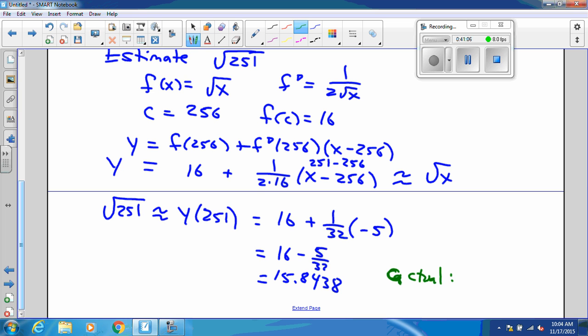The actual square root is 15.8430. That's not bad. We're off by 8 parts out of 10,000.